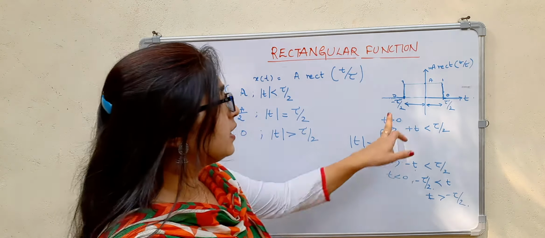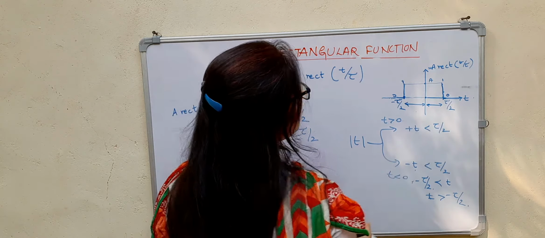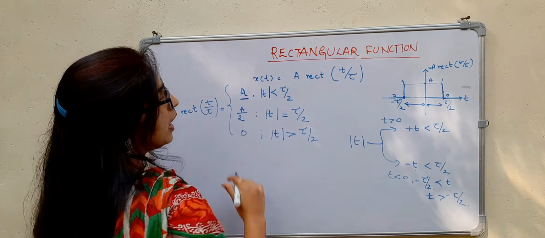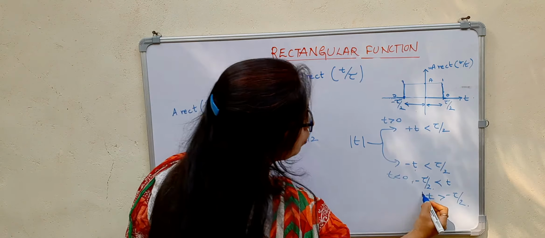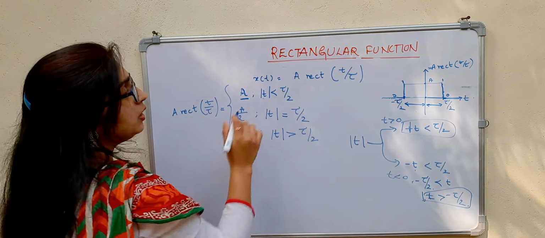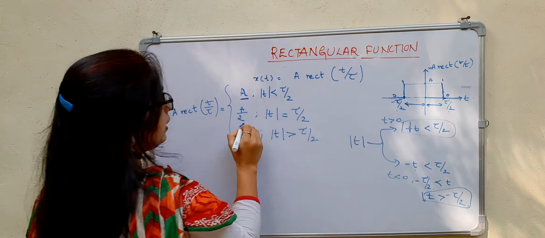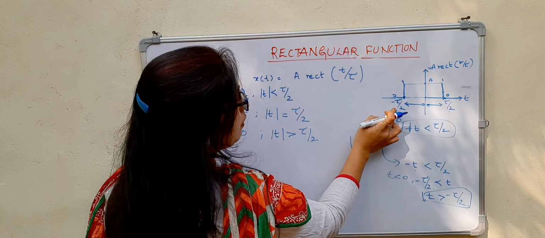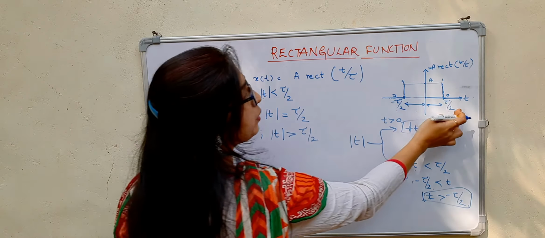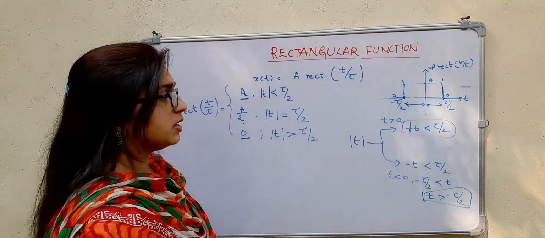So when t is greater than minus tau by 2 and when t is less than tau by 2, we have the amplitude A, right? You got to know from this. Here I have taken mod t. At these two points it will be equal to A by 2, and when it is less than minus tau by 2 or greater than tau by 2, you have the magnitude 0.